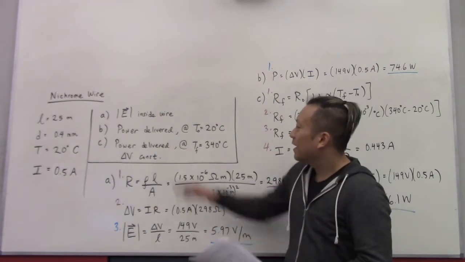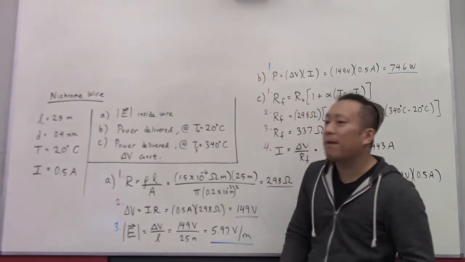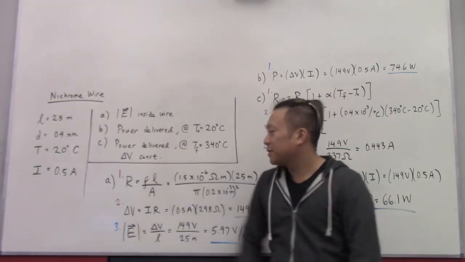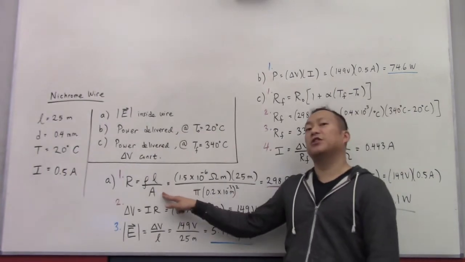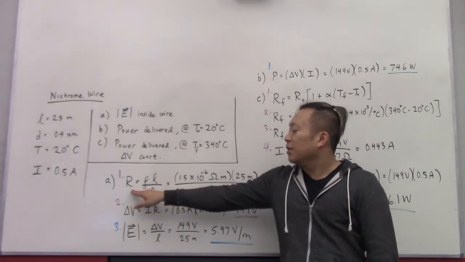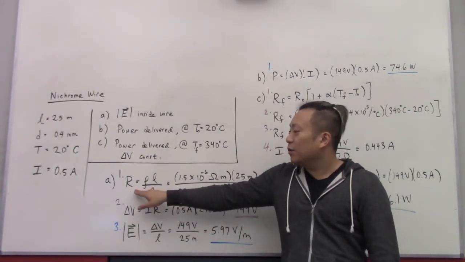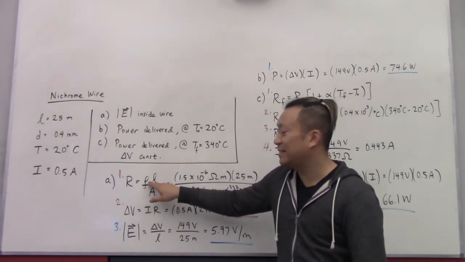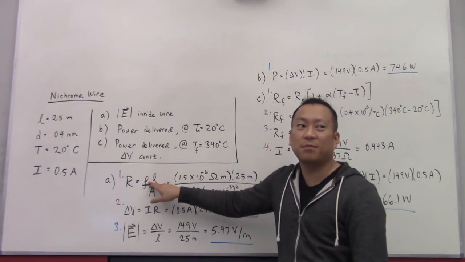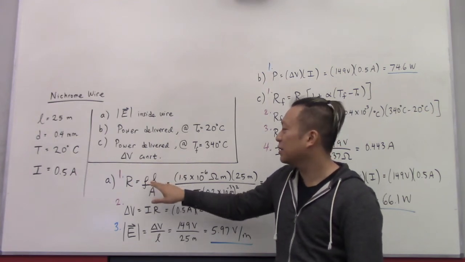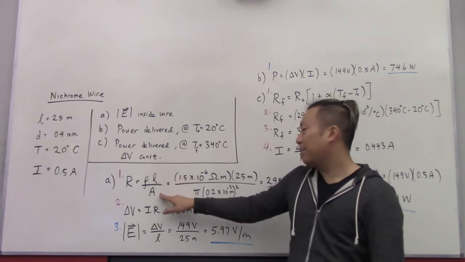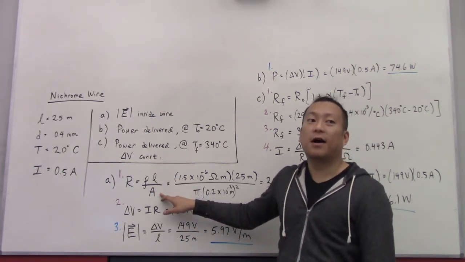But looking at the first one, what is the magnitude of the electric field? Well, we get that in 3 steps. We're going to first use the equation, resistance equals resistivity. This is not density. This is not mass density. I made that mistake before in explaining this equation. This is resistivity times length divided by the cross-sectional area of the wire.